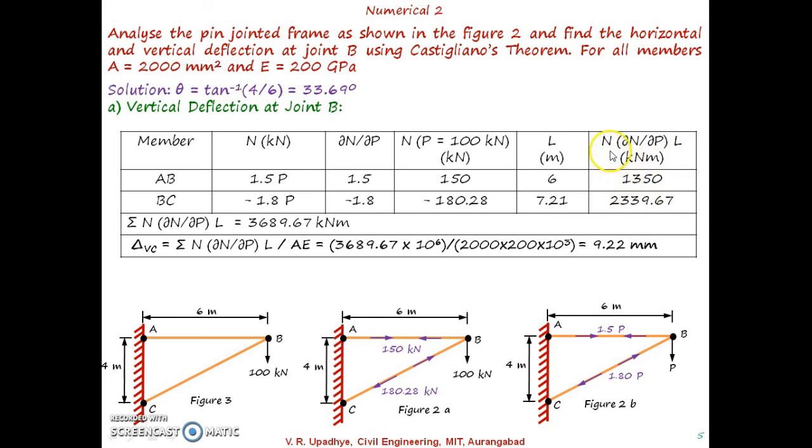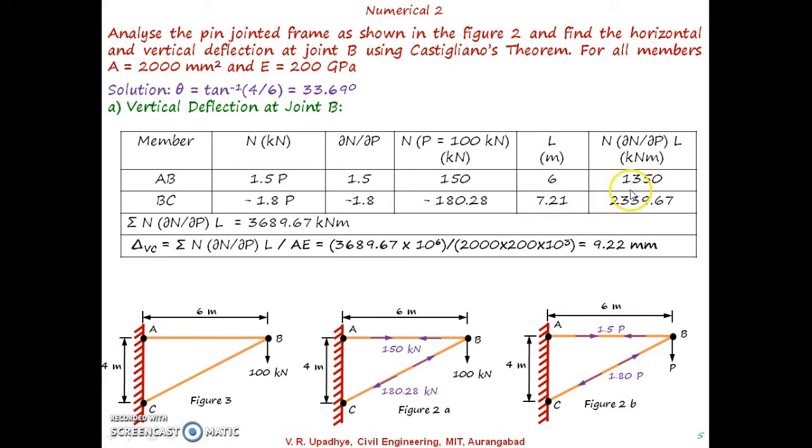Now N value is in kilonewton, L is in meter, so that gives us kilonewton meter. These calculations are column number 4 multiplied with column number 3 multiplied with column number 5.